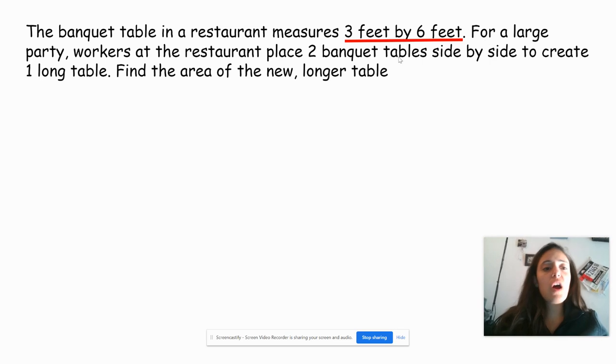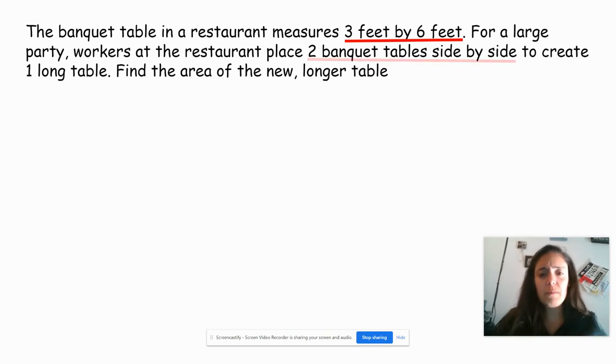So for a large party, workers at the restaurant place 2 banquet tables side by side to create one long table. Now, in that sentence, I have to also think, what's important and what do I need to know in order to solve this problem? So I think, workers at the restaurant place 2 banquet tables side by side. That's pretty important. And I want to create one long table.